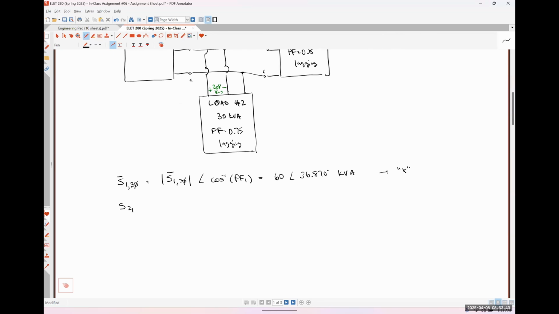And I want you guys to tell me what the complex power absorbed by load 2 is going to be. I gave you essentially the same pieces of information, so you guys should be able to throw this in your calculator and figure it out pretty easily. It would be 30 angle 41.40.